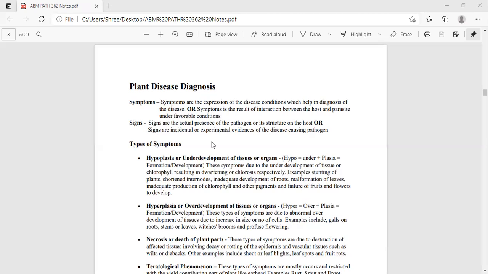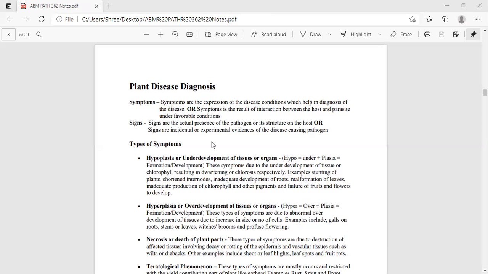That is known as the symptom. But in the case of a sign, take the example of powdery mildew: if a powdery growth of the fungus occurs on the leaf surface, it can be easily identified as a sign, and it is perfectly identified that it is an infection by a fungal organism.